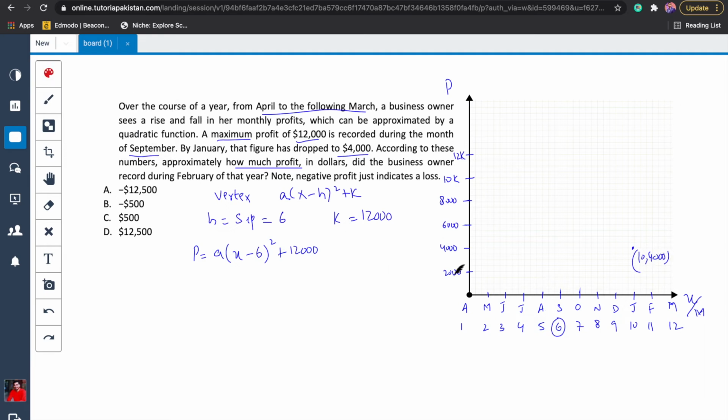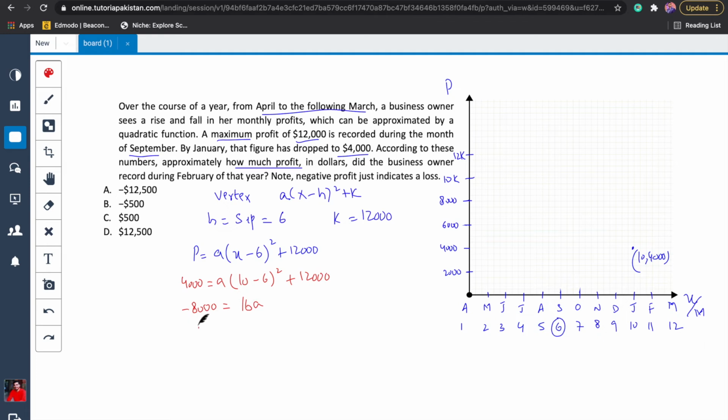So if we replace this value, what do we get? We have 4,000 here, A into 10 minus 6 whole square plus 12,000. 4,000 minus 12,000 is basically minus 8,000 equals 10 minus 6 is 4. 4 squared is 16A.